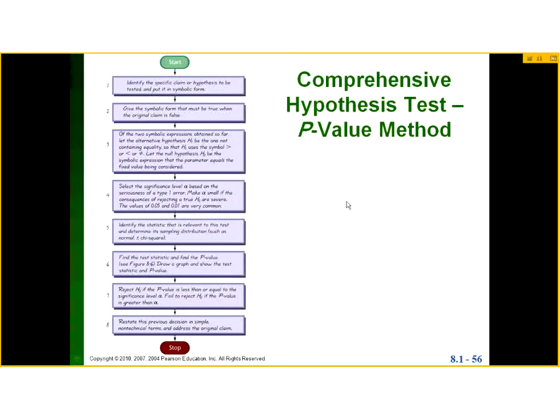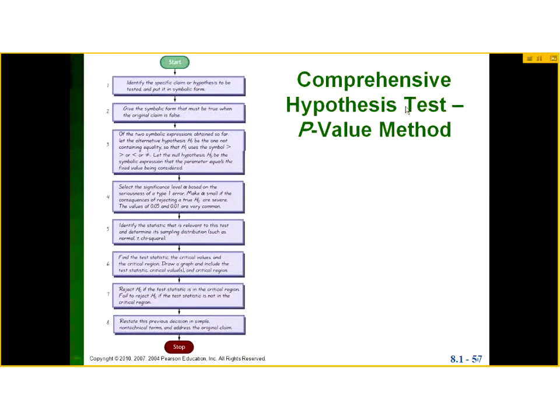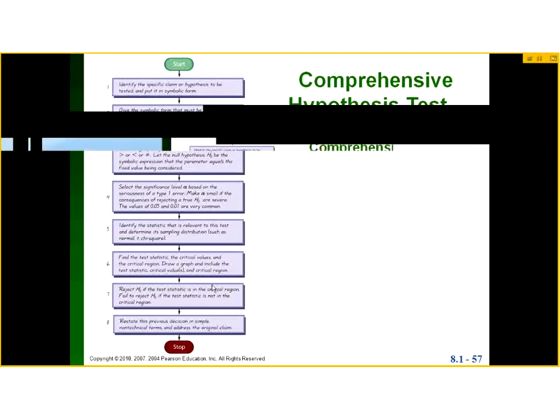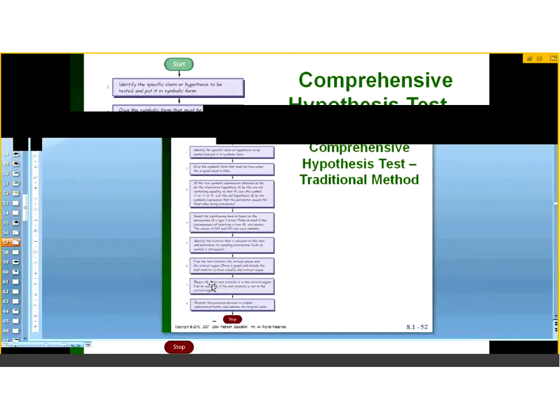This is the first method, using the p-value. The second time, using the traditional method: the same steps until we get to find the test statistic. Then after the test statistic, we find the critical value, and reject H0 if the test statistic is in the critical region, and fail to reject H0 if the test statistic isn't in the critical region. The last step will be the same. Okay.